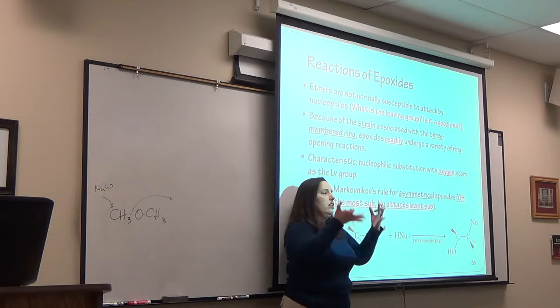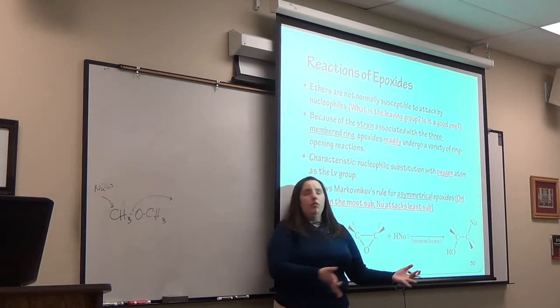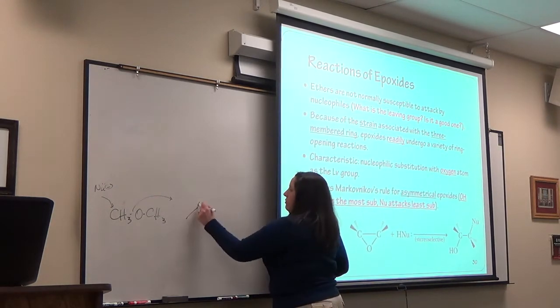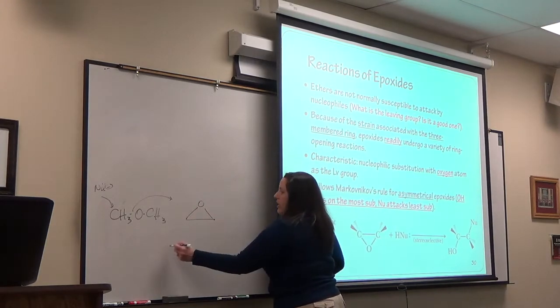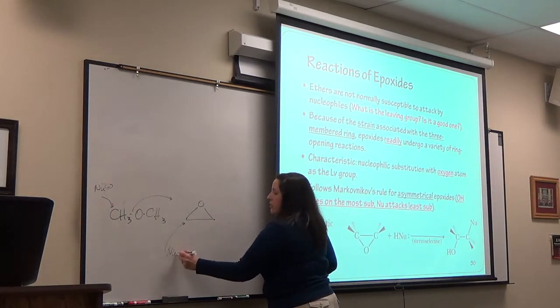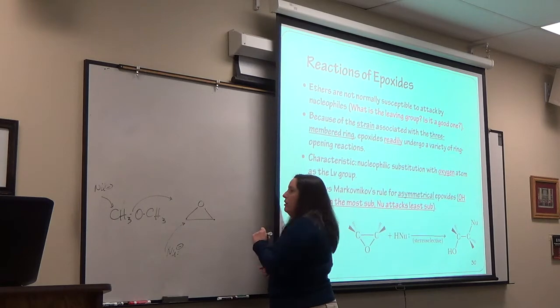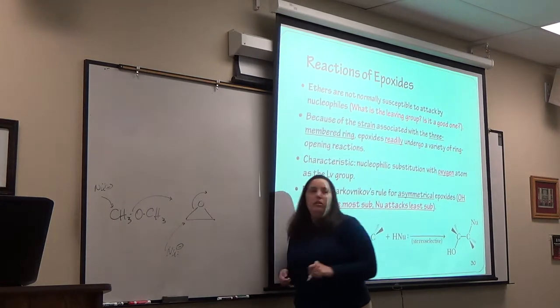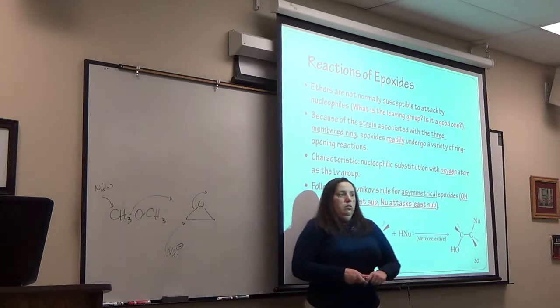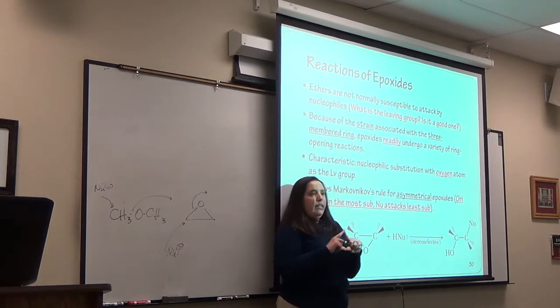So what makes the ring version of the ether a good choice? Again, the nucleophile is going to come in for an attack. So why would this be good? Remember that cyclopropane, there's a lot of what?